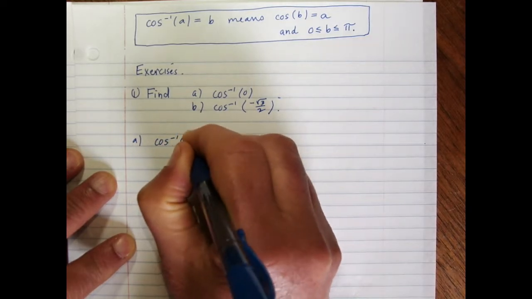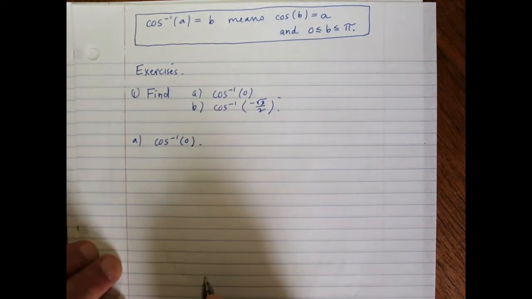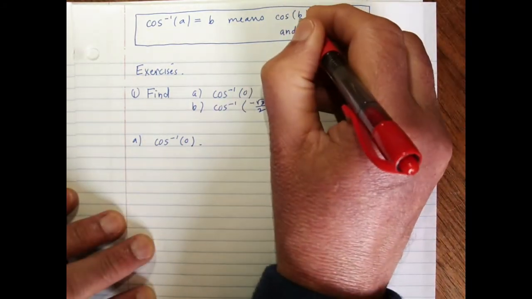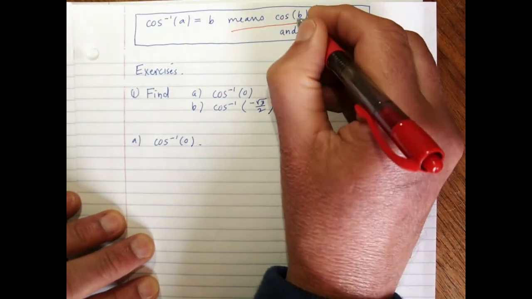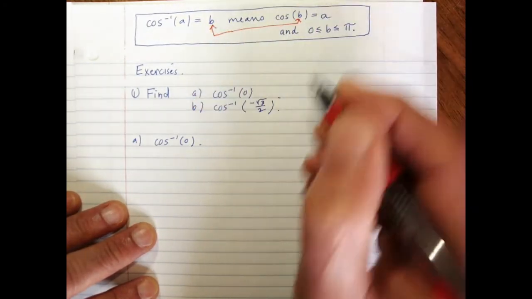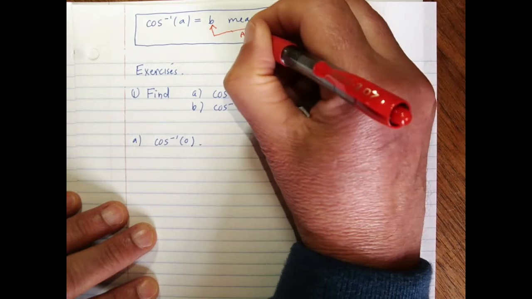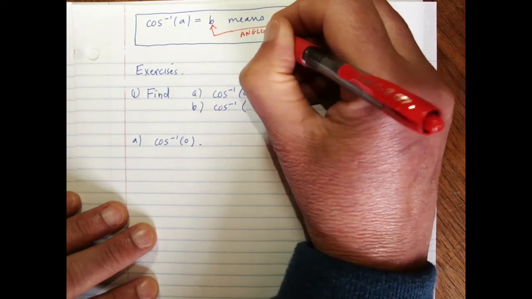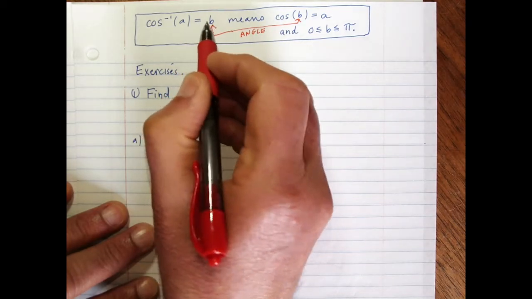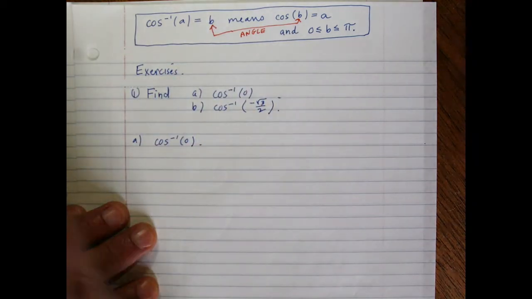Cosine inverse of 0. Now, just like with sine, the quantity inside the regular cosine, or what corresponds to what's outside the regular sine, is an angle. Cosine inverse of a number equals an angle is a way to think of that.